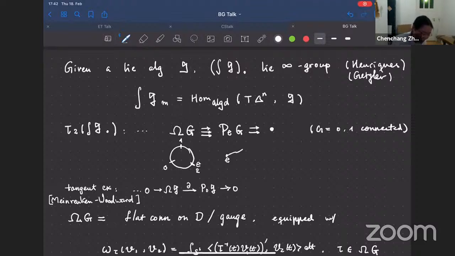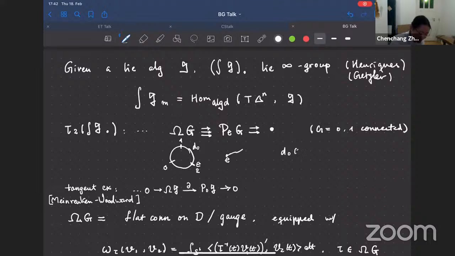And omega g is the based loop. Let's give 3 points on this loop, 0, 1, 2, and we put 2 at point E. And then these 3 degeneracy over here is D0.